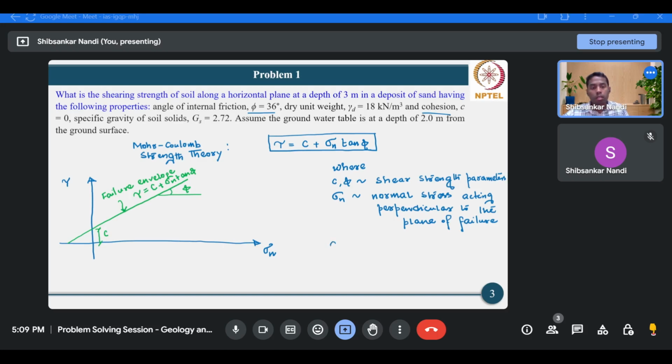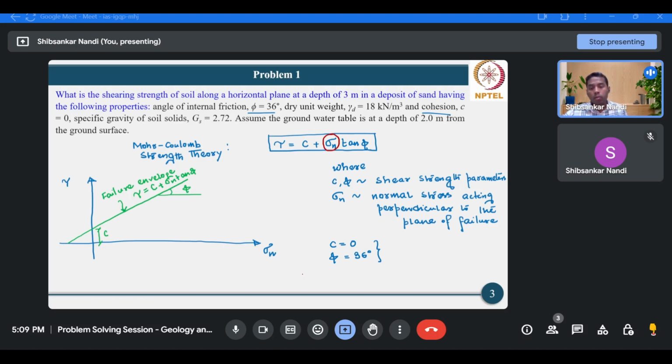The C value is given as 0 and the phi value is given as 36. Okay, so these are the shear strength parameters for the present problem. Therefore, our first job would be to determine the value of sigma n.